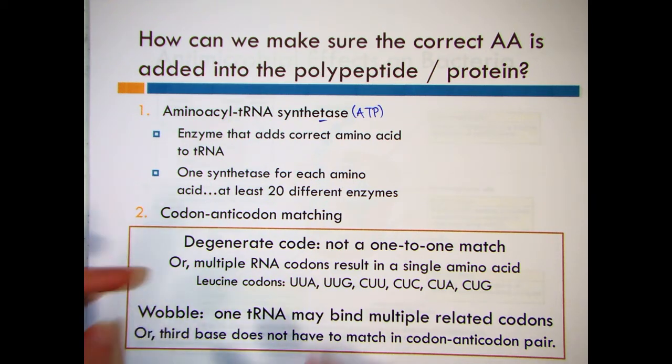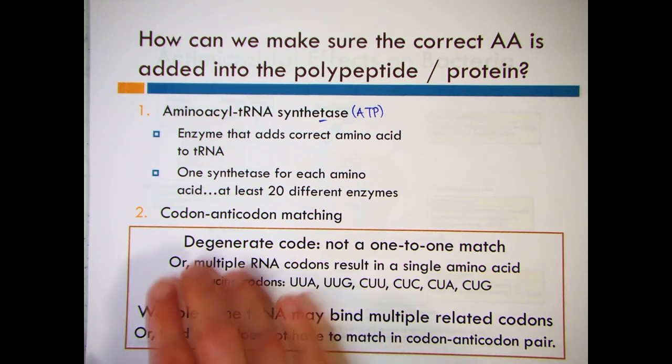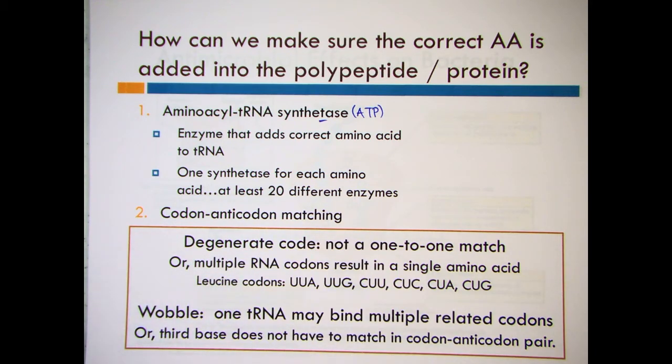And so there are a couple of special terms here which you might have heard before: degeneracy of the code and wobble. So degeneracy of the code, a degenerate code, is basically like a redundant code. And so this is the term that describes the fact that for most amino acids, there is more than one codon that will code for that amino acid.